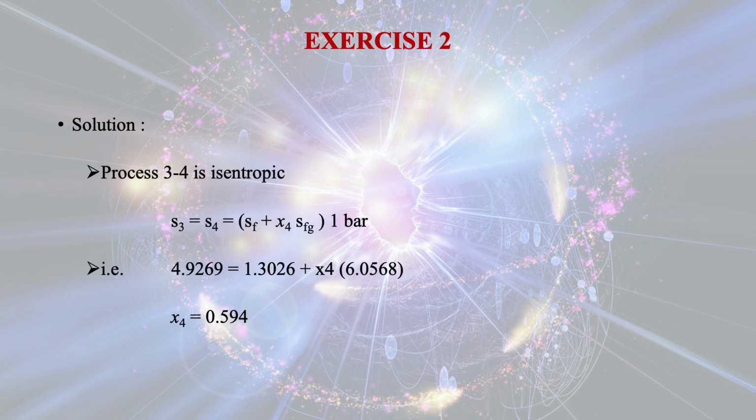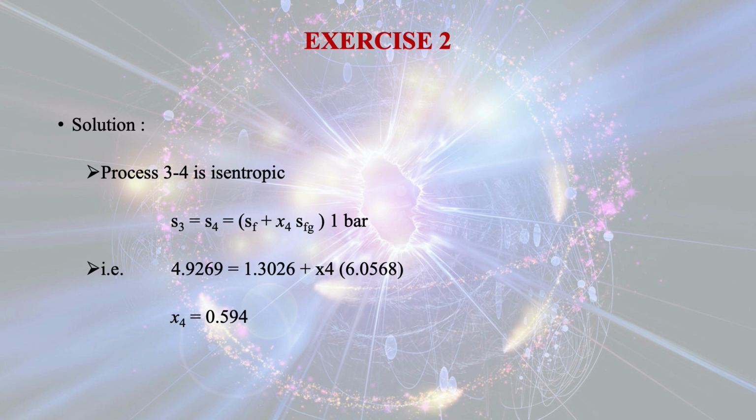So process 3-4 is isentropic. As I have already mentioned, S3 is equal to S4 is equal to SF plus X4 SFG at 1 bar. Now dear learners, what is X4? X4 is the quality of steam at the exit point of the turbine.